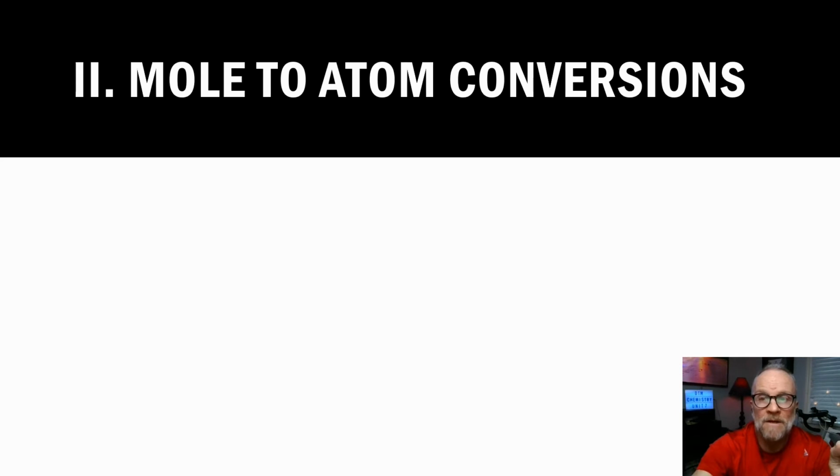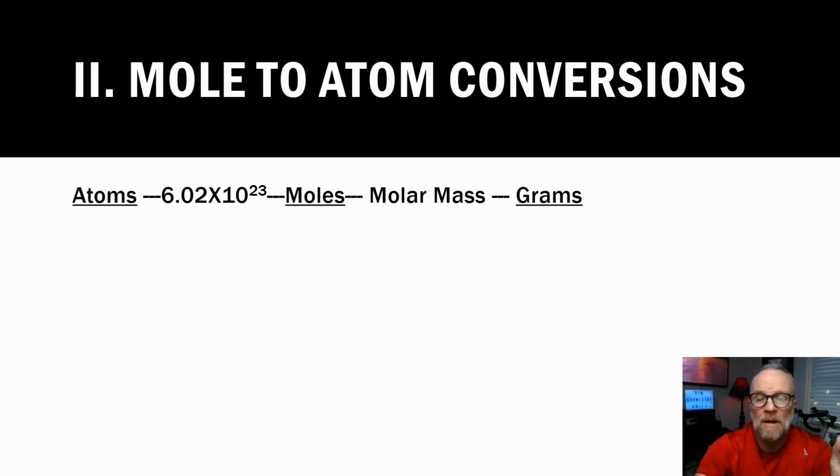Moles to atoms conversions. Okay, so I'll give you a minute to write this little flow chart down, and then we'll talk about it in more detail. So atoms to moles, or moles to atoms, we use Avogadro's number to convert back and forth.